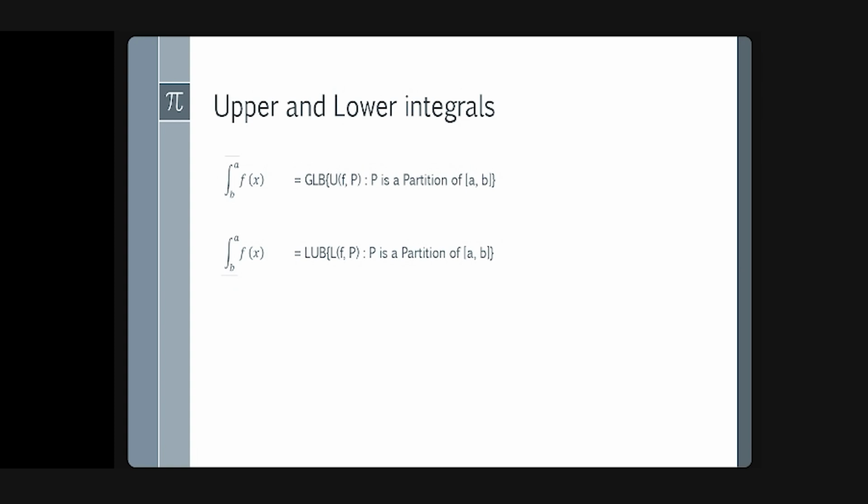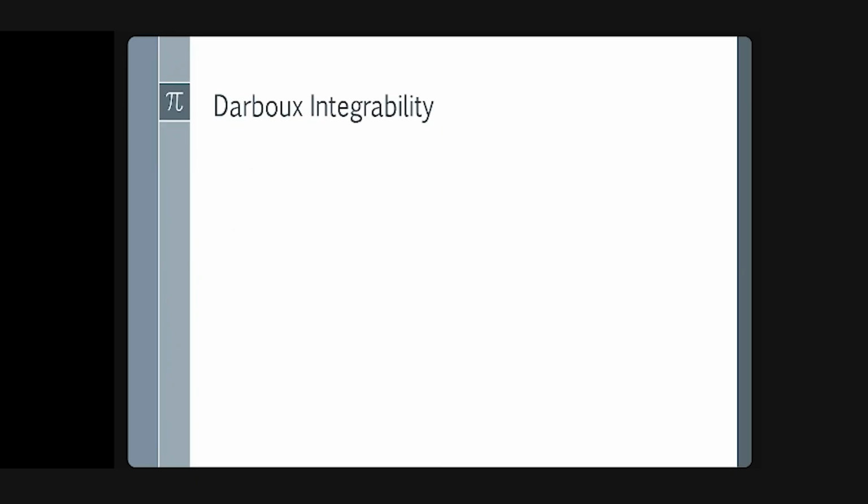For our area. So what do you think, when will a function be integrable? Can you take a guess? When will I call a function integrable? We have two approximations. So actually, we call f integrable if and only if both the upper and the lower integral coincide. That is, they have the same value.